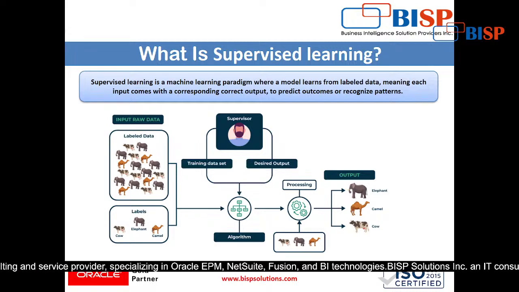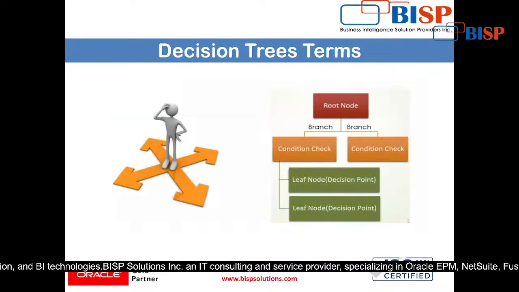Suppose any other type of animal is also given, like pigeon or peacock, anything else, it would be shown here also, right? So this is how the supervised training data set and then the desired output is given. Based on this, it gives you the output. Clear? It will become more clear once I take you to the practical part.